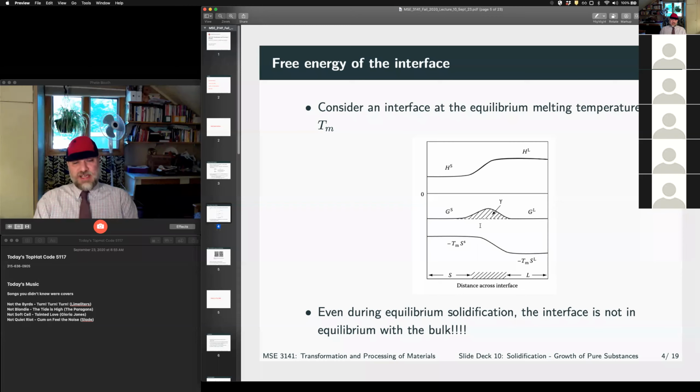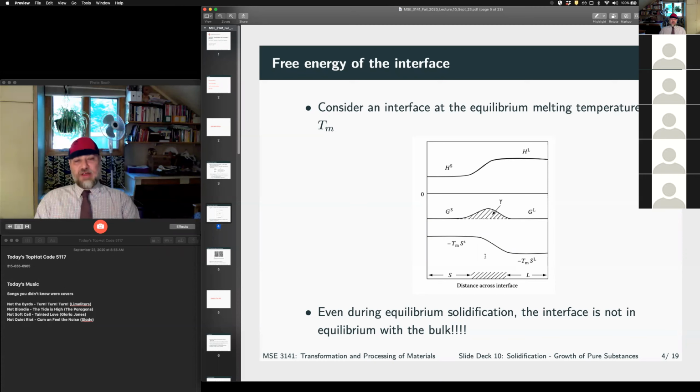If the interface has its own structure, right, and its own properties, we can think of the interface itself. Some researchers like to think of the interface as another phase, which means that even at the equilibrium phase transformation temperatures, the interface is not in equilibrium with either the solid or the liquid, right?